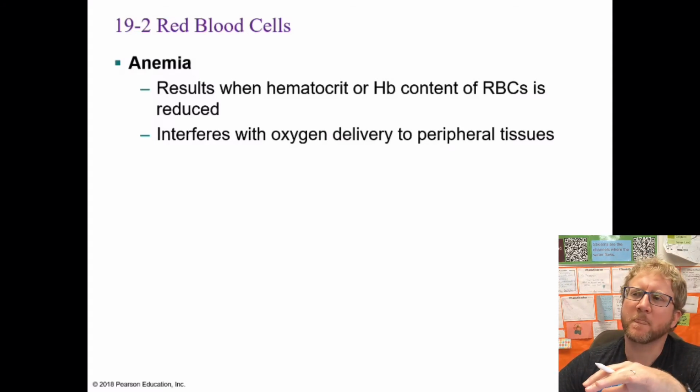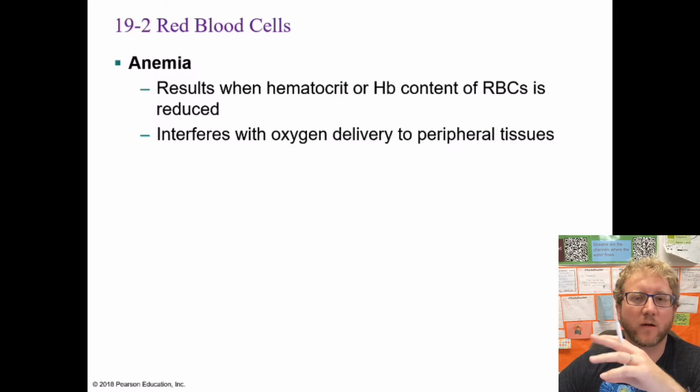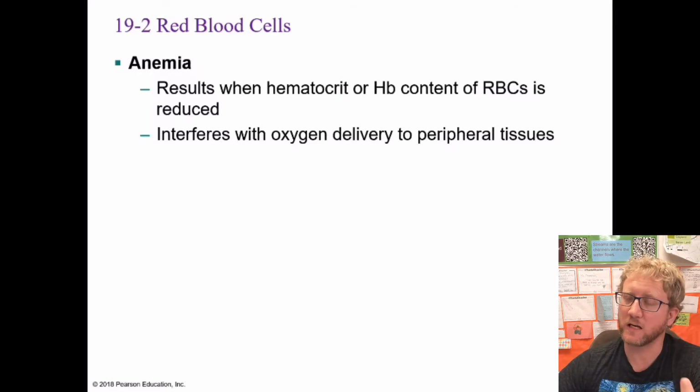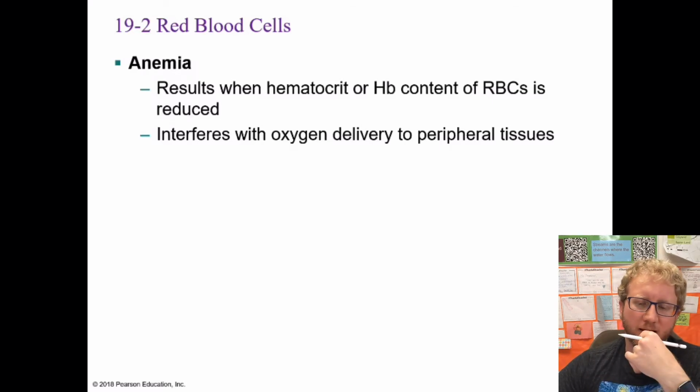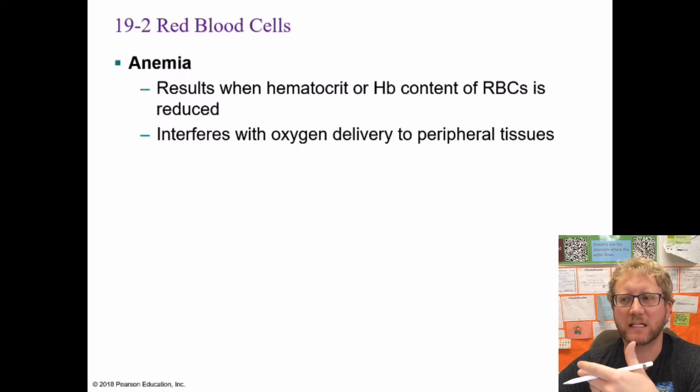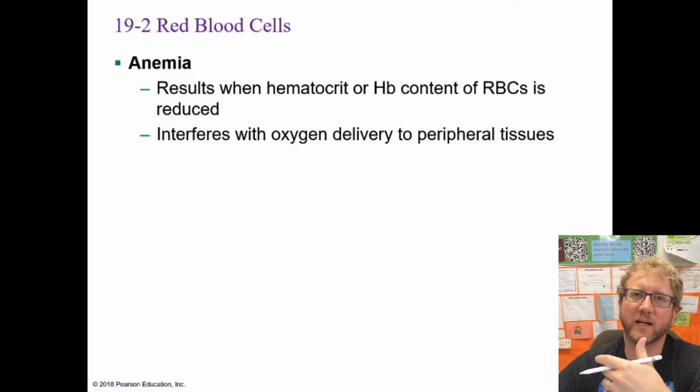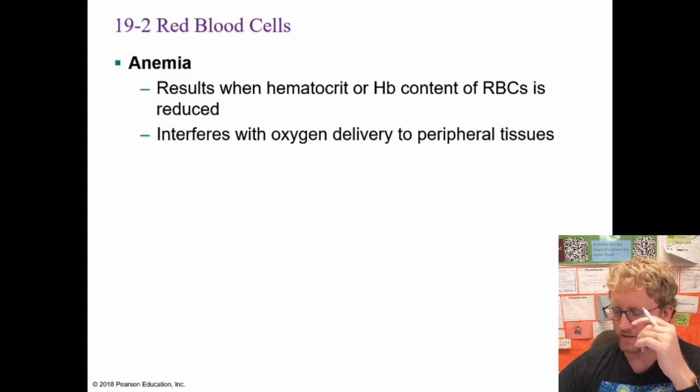This is typically more of a risk for females, especially after the onset of puberty, because of the amount of blood loss each month during the menstrual cycle. So it's really easy for females to become anemic if they don't eat foods with iron, red meat, spinach, other dark leafy green vegetables, for example.